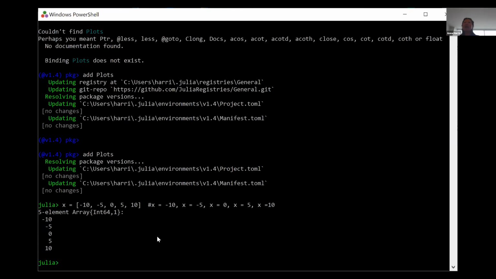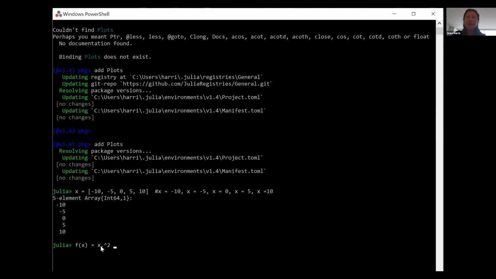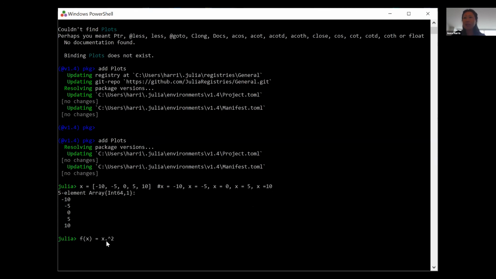Next. Now, I want to calculate y values of different functions. Say my function is equal to x squared. Did you see that square? By the way, did you see I put a dot there? Did everybody see that I put x dot square? Okay, this is what that means.